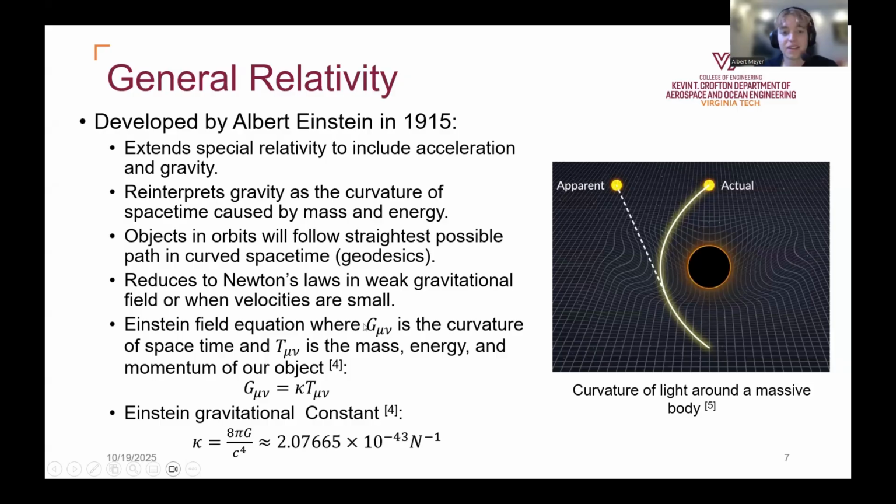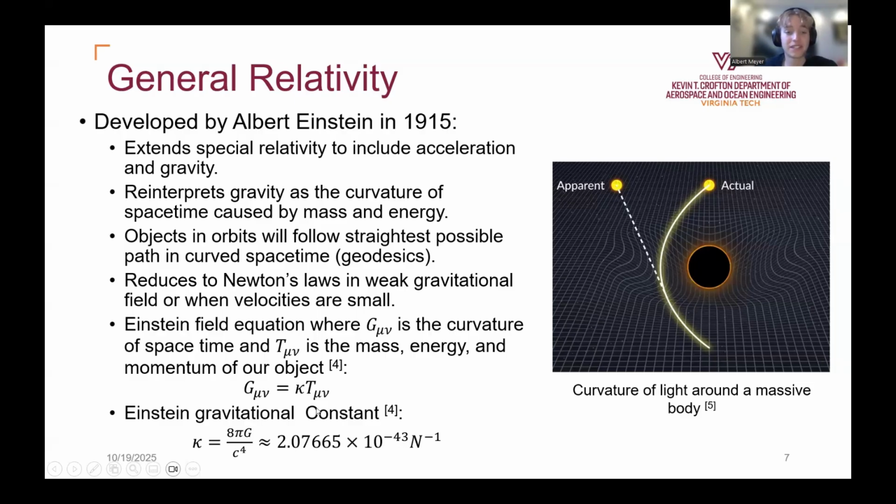Down here in the bottom left, I've included this abridged version of the Einstein field equation. Now, this is not a usable form of the equation. It is just me showing you how this effect works. This G and T are both tensors, so you can't really apply this, but G is the curvature of space-time, T is the mass and energy of your object, and K is the Einstein gravitational constant, which is on the order of 10 to the negative 43.